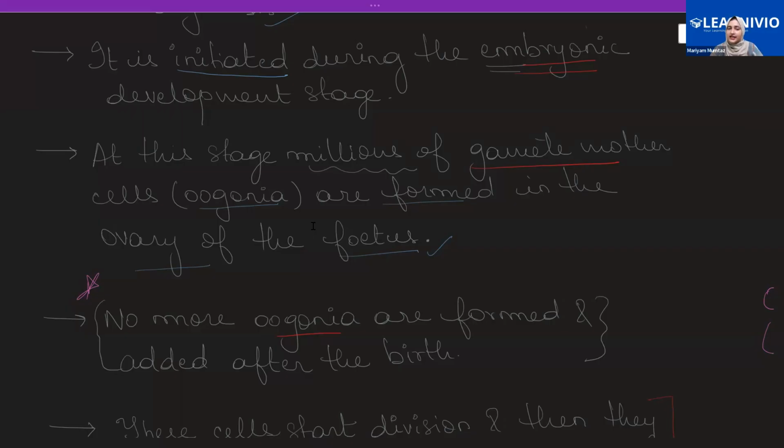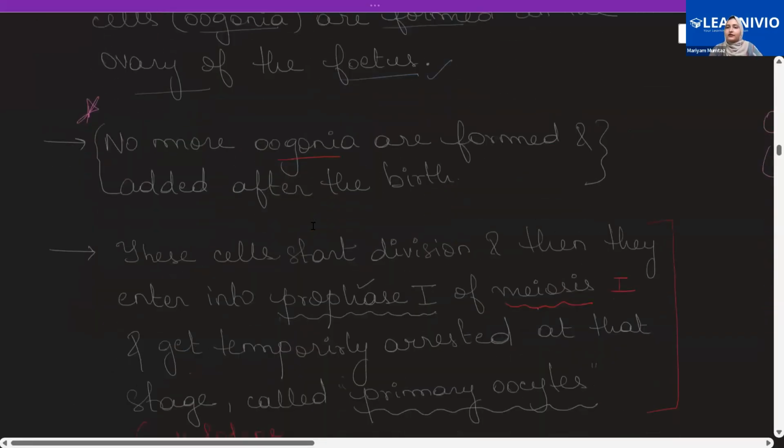Later on, after this has been formed and the fetus is born, the baby will not have any more oogonia formed after the birth. So if she's born with 1 million, she'll have that. If she's born with 500,000, she'll have that. And that's it. None of them are added later on after the birth.